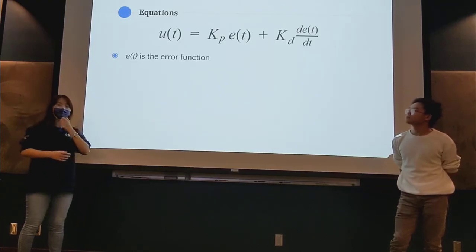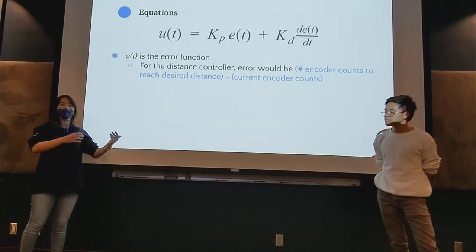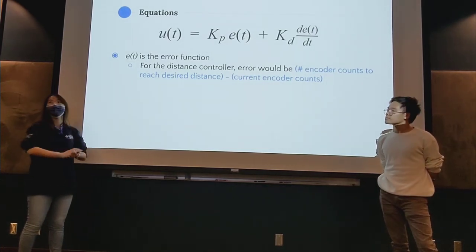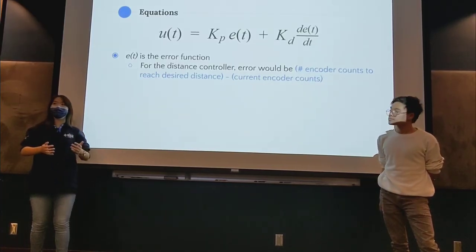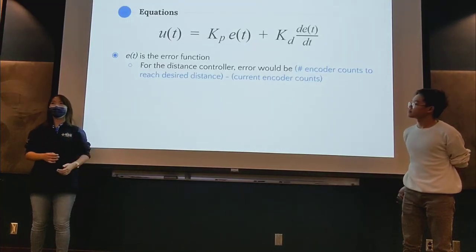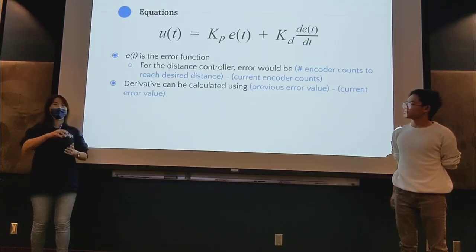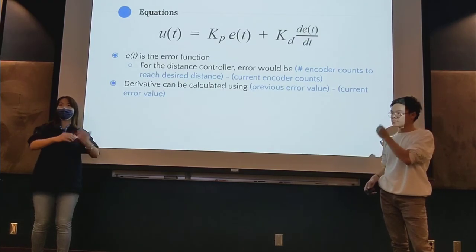We defined earlier that e(t) is our error function, basically how far you are away from your goal, whether it be your distance or your angle. For the distance controller, the error would be the number of encoder counts to reach the desired distance minus the current encoder counts, which is your current position versus where your end position is.